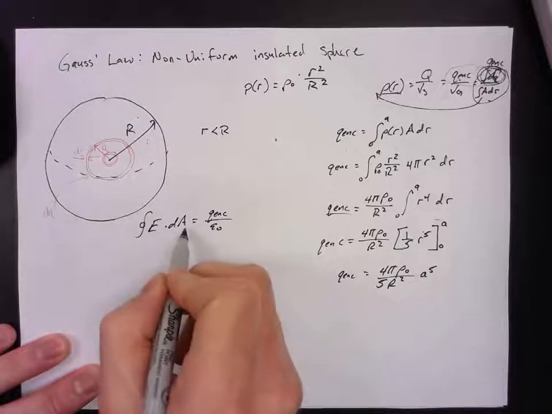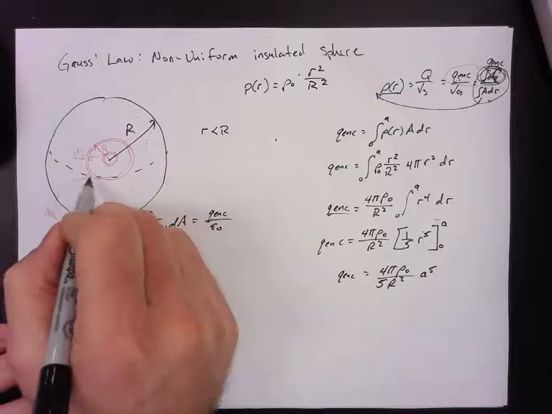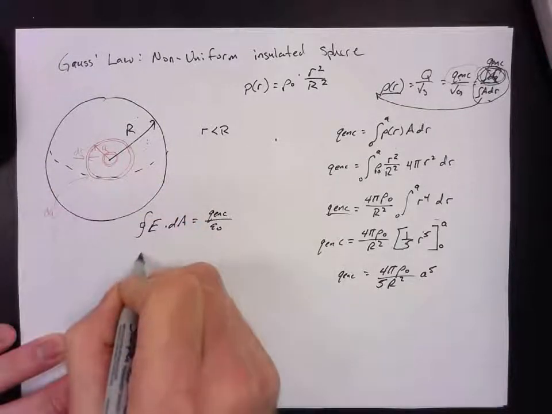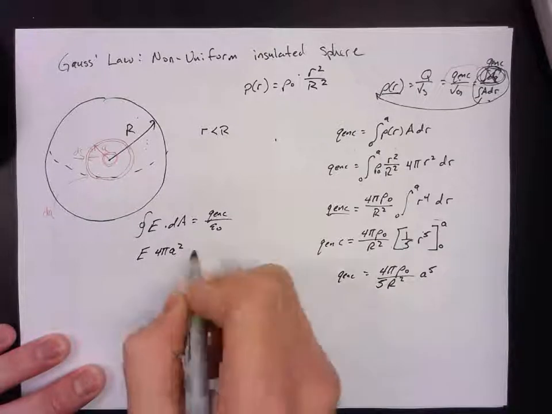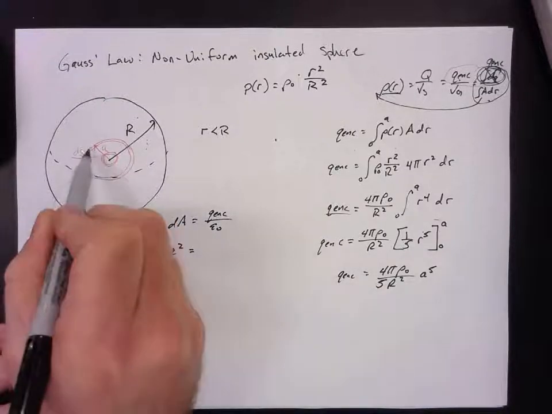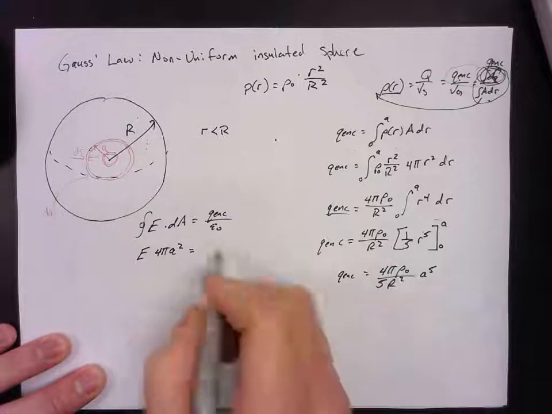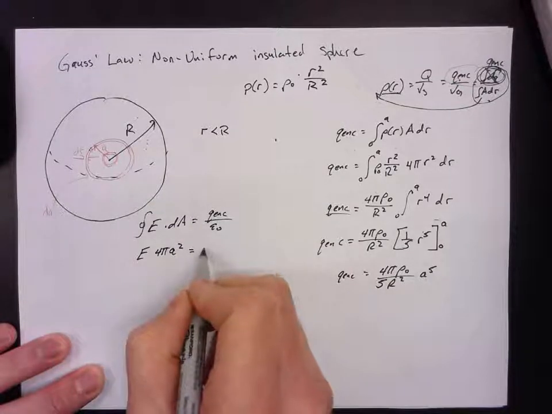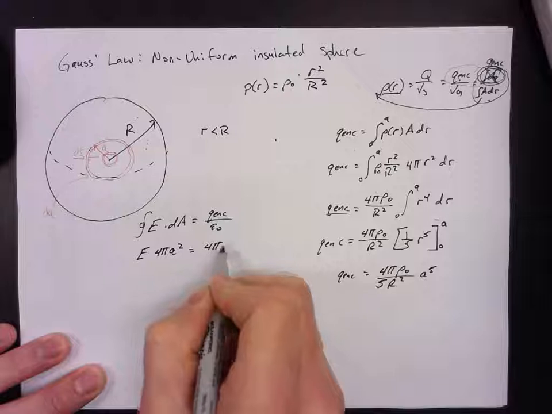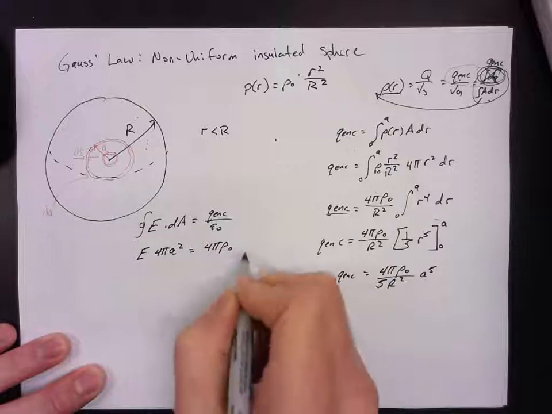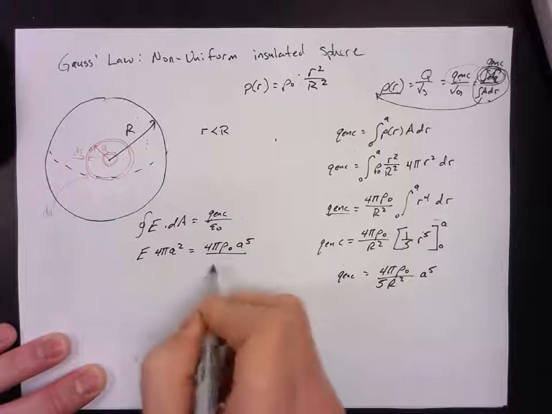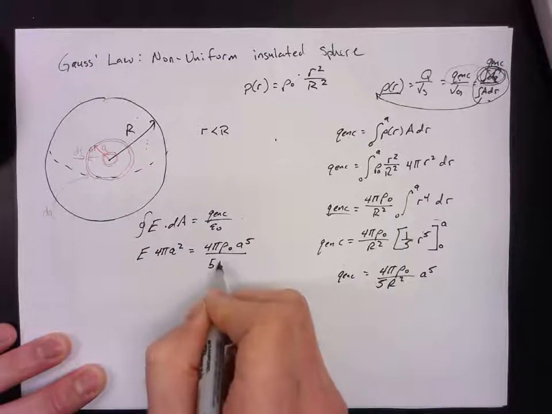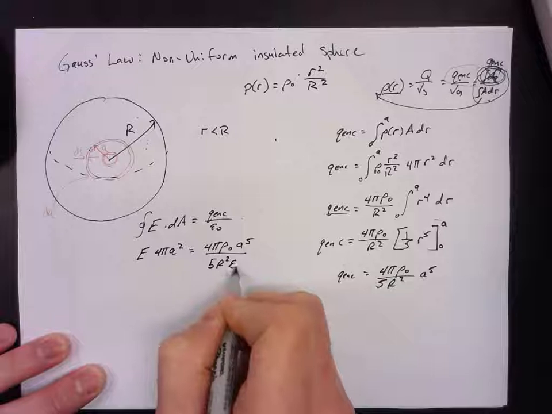The area of our Gaussian surface, again, that is at distance a away. Substitute in the q enclosed: 4 pi rho naught a to the 5th over 5 R squared epsilon naught.